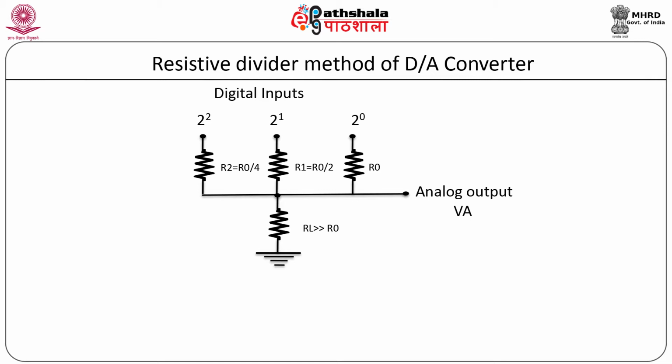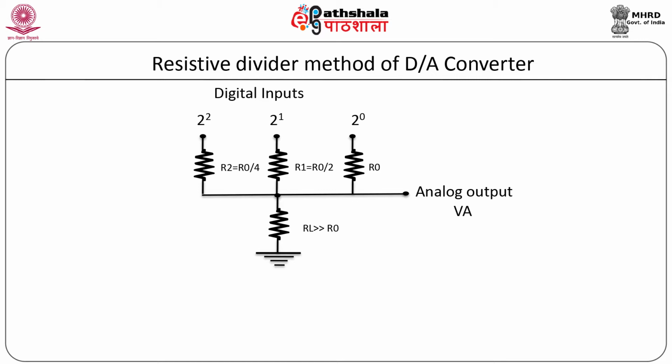The bit at the digital input 2^0 is connected to R0 resistor. The digital data input 2^1 bit is connected to R1 resistor, and the digital input 2^2 bit is connected to R2 resistor. The value of load resistor RL should be very much greater than R0.